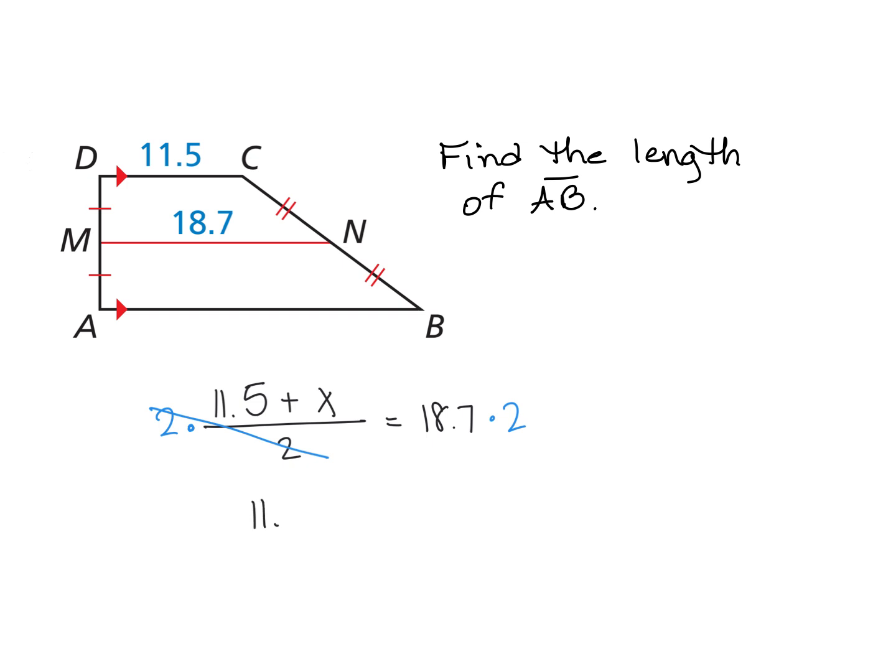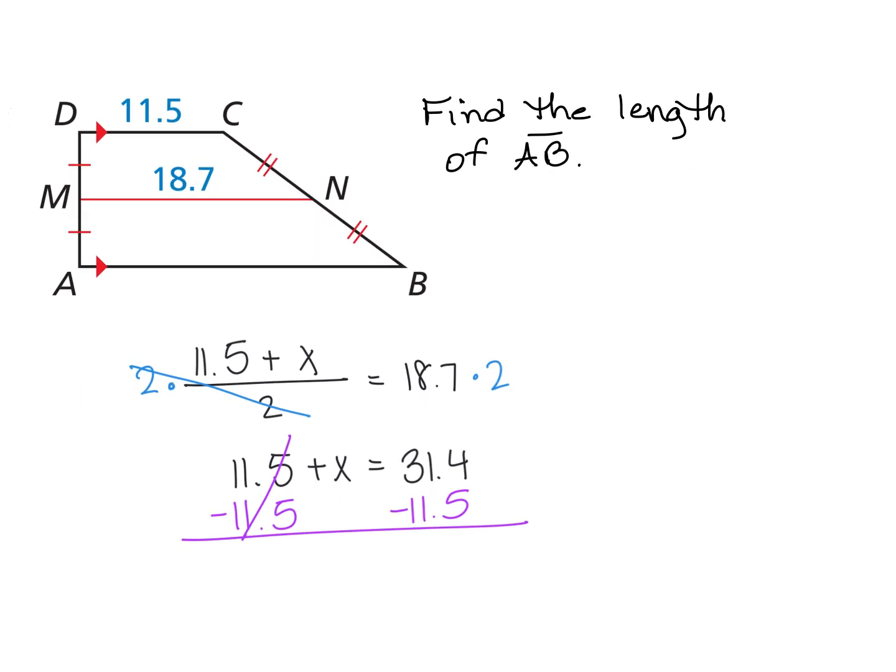So I'm going to get 11.5 plus x equals 37.4. And then what should I do? Good, subtract 11.5. If you subtracted correctly, what would your answer be? 25.9.